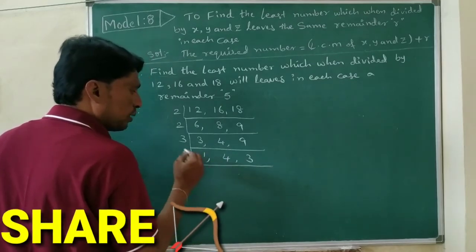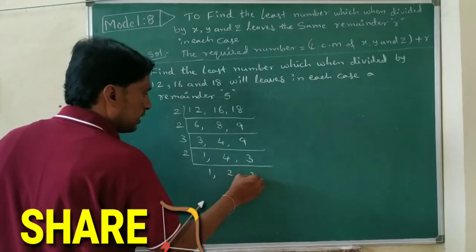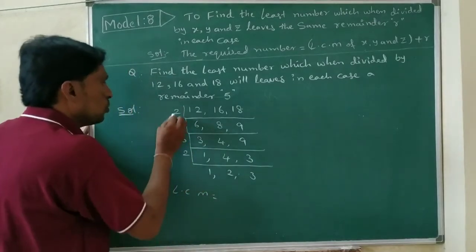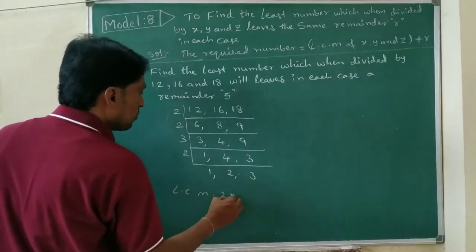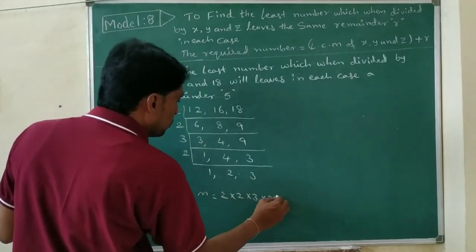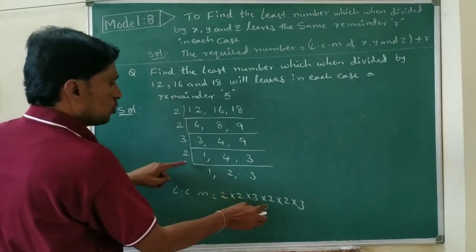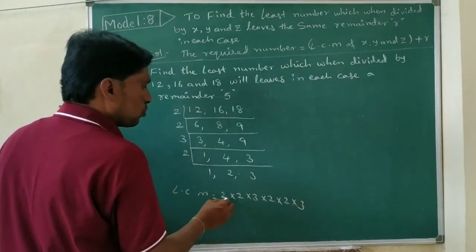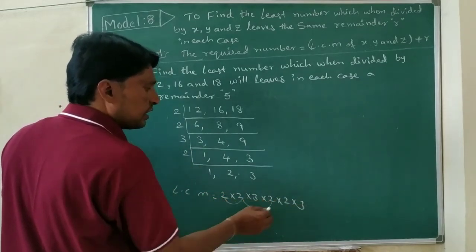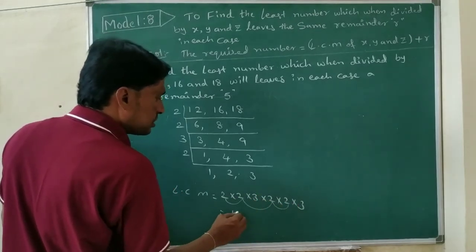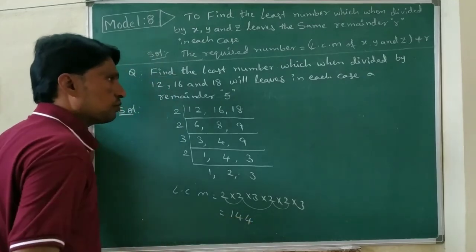So we take 2, 2, 3. The LCM equals 2 into 2 into 3 into 2 into 2 into 3. 2 2s are 4, 4 2s are 8, 8 2s are 16, 16 9s are 144.